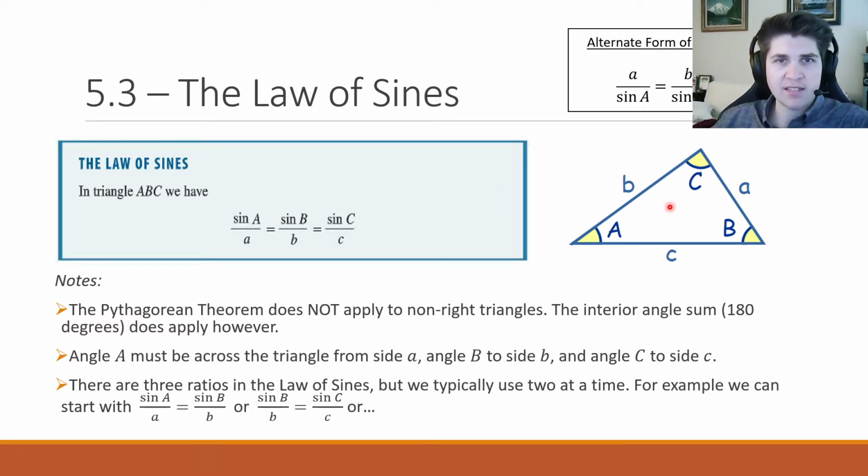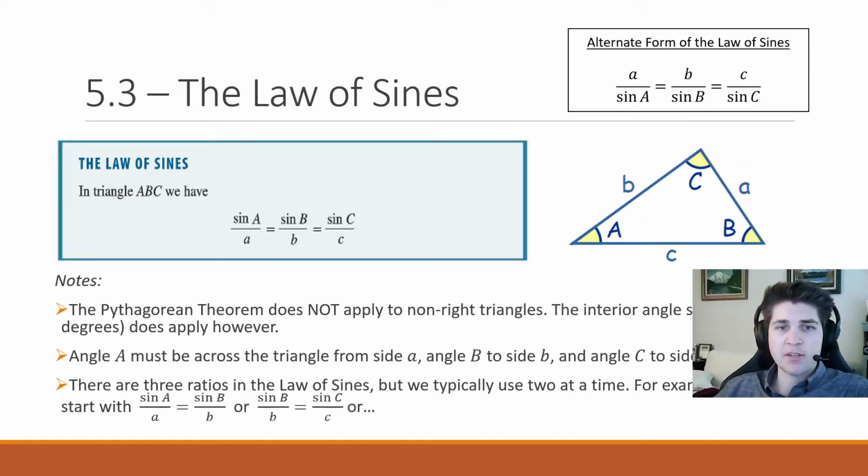You can choose any of the sides, but what is very important is that if you have angle C, side c should be the corresponding side across the triangle. B and b should match up across the triangle, and A and a should match up. This is very important. You can pick whichever ones you want to be A, B, and C, but you have to make sure that the sides and the angles are paired up for this formula to work.